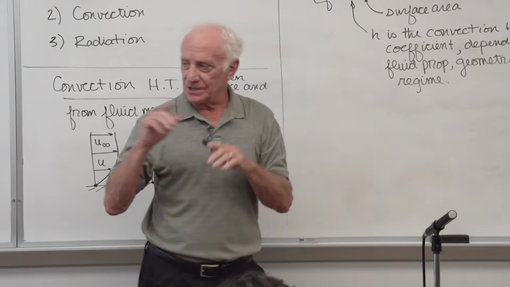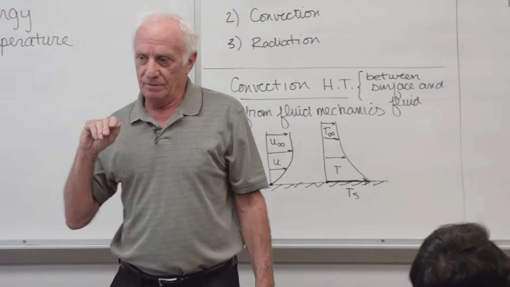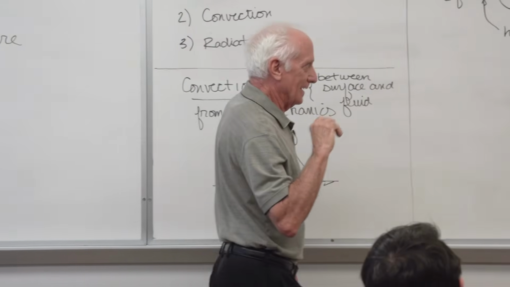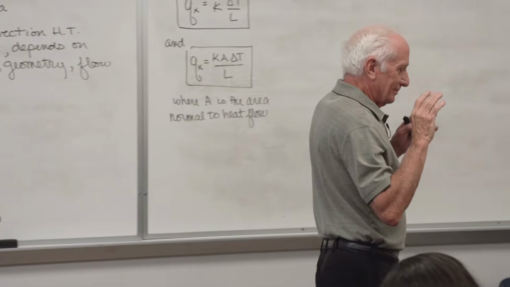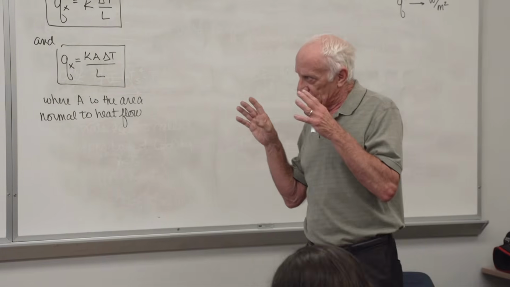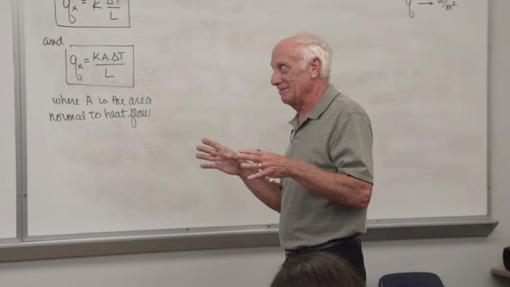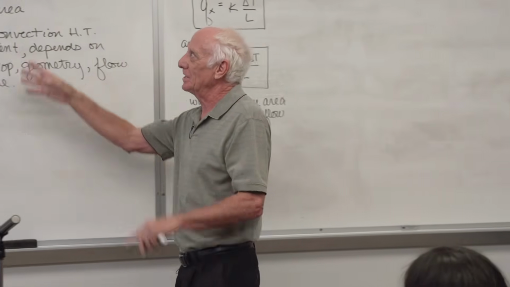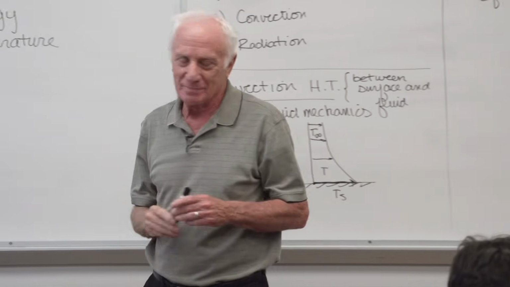You won't find h in the back of the book in the appendix because it's way too complicated. That's why the main focus of chapters 6, 7, and 8 is to find h. How do I find h? To put in Newton's law of cooling to get the heat transfer Q. That's the name of the game.